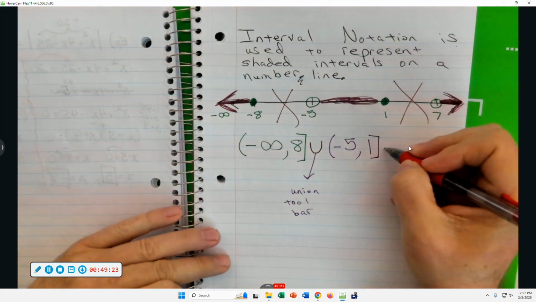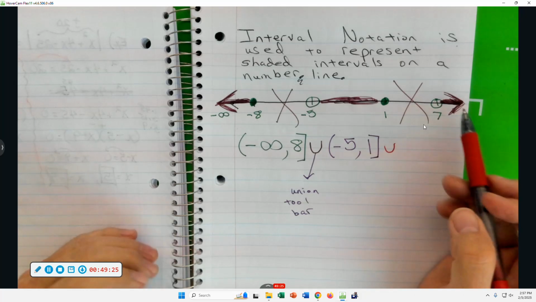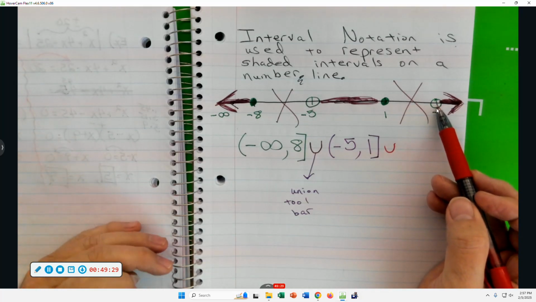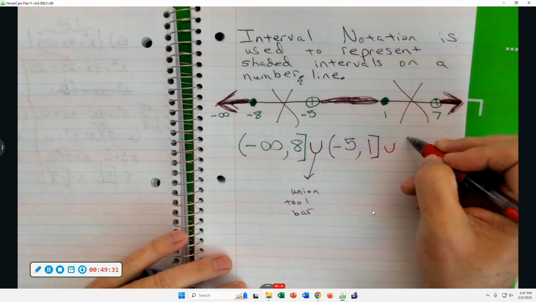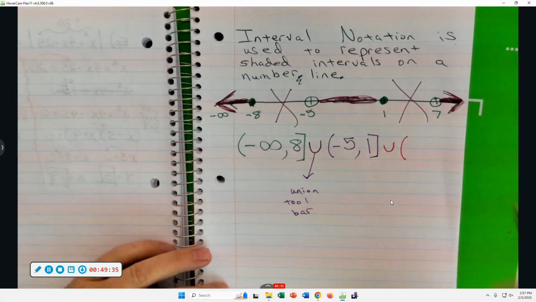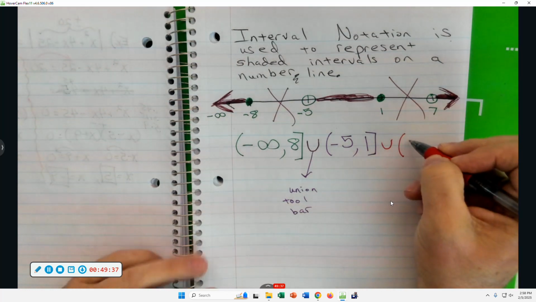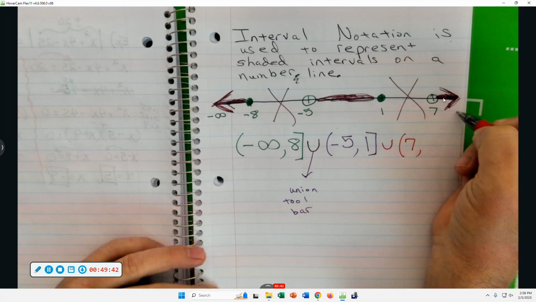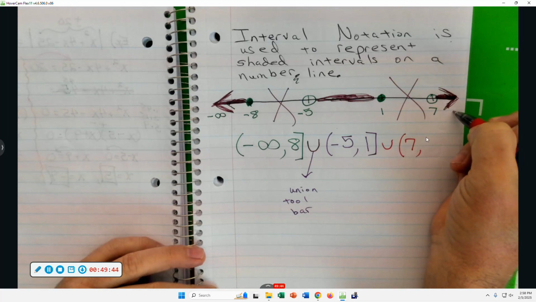Or, we have one other shaded interval. The left-hand endpoint is another open circle. Open circles are always represented by a parenthesis. You start at a 7. The left-hand endpoint is a 7. I don't see a right-hand endpoint. What's our right-hand endpoint?